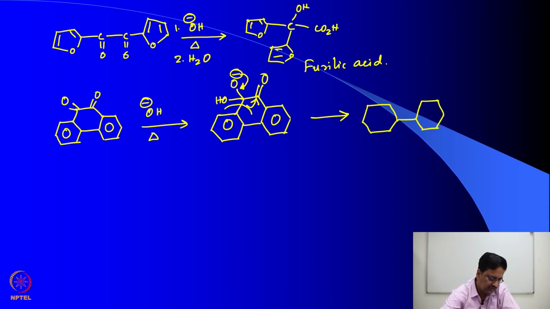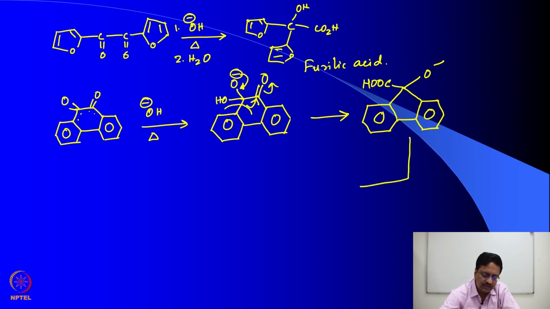If you remember, this was a 6-membered ring. Now, we have a 5-membered ring with an O minus and COOH present here.